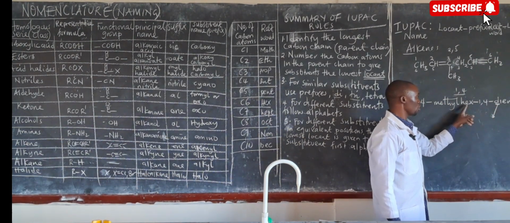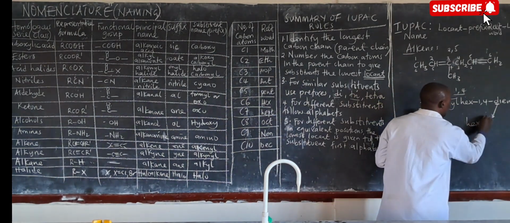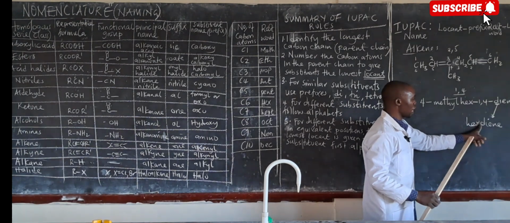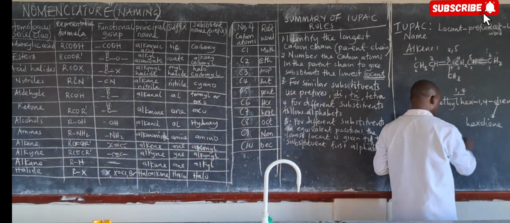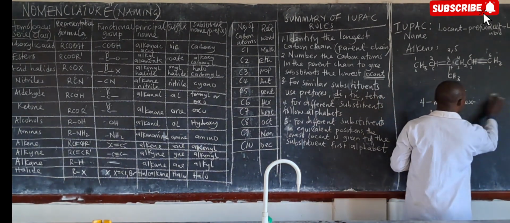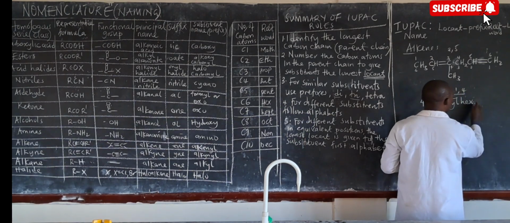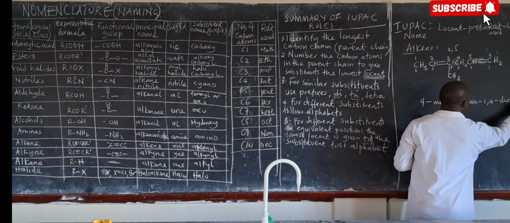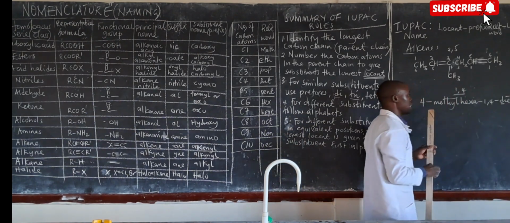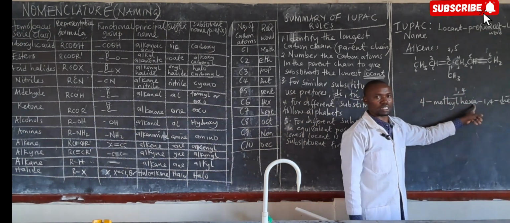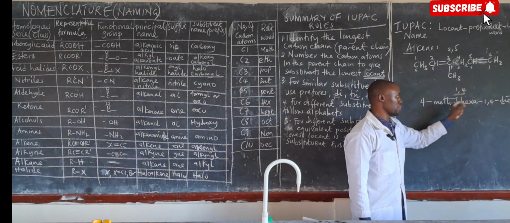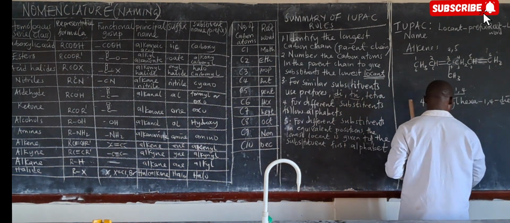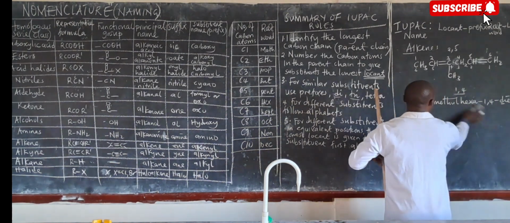If you look at this, you can't read the hexdiene. So IUPAC recommends we introduce an A here whenever you have 1,4-diene, whenever the suffix has a letter that cannot be read together with this. So we maintain this, we introduce an A there. So 4-methylhexa-1,4-diene, that's according to IUPAC.